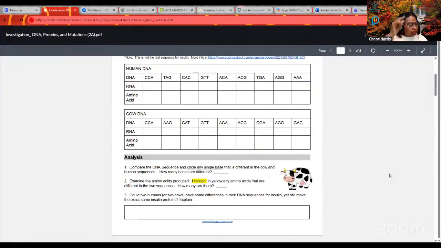For example, the first one on the human is CCA and the first one on the cow is CCA. Good. Second one on the human is TAG, but the second one on the cow is AAG. Circle. Because what we're doing with question number one, we are circling the DNAs that are different. So we're going to circle that second one.